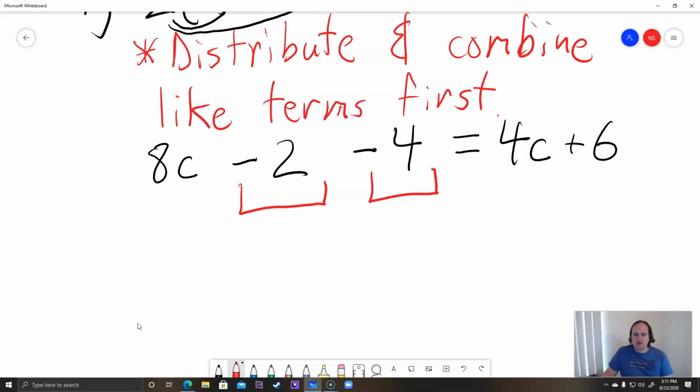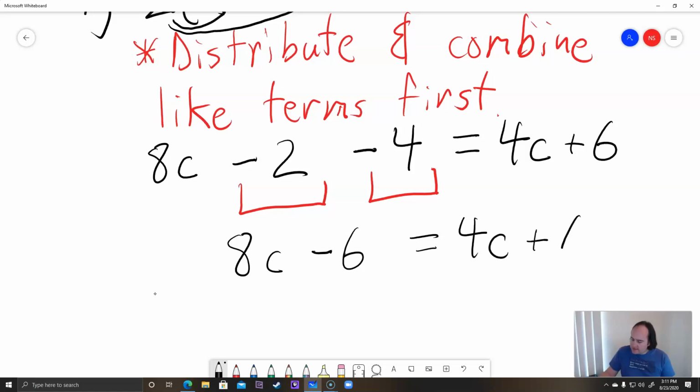So all we can combine is negative 2 minus 4, and because they're the same sign, we keep the sign and add. 2 plus 4 is 6, but keeping the sign, it's negative 6. So we have 8c minus 6 equals 4c plus 6.